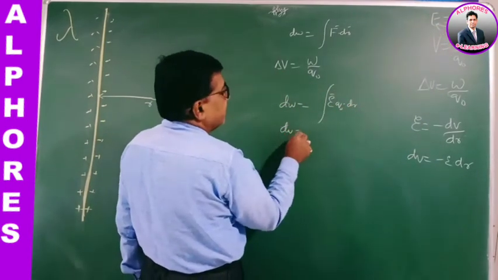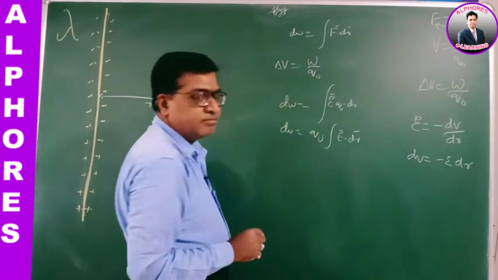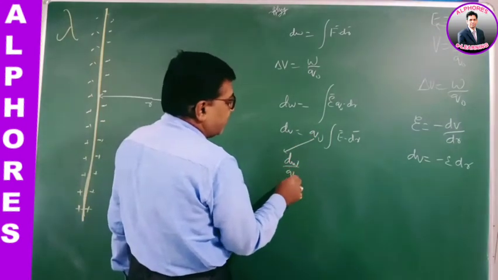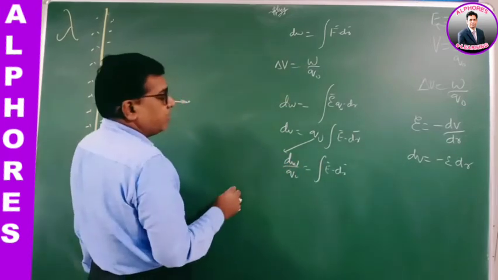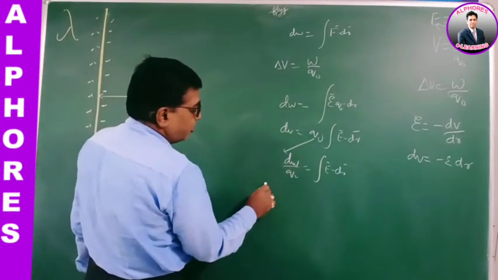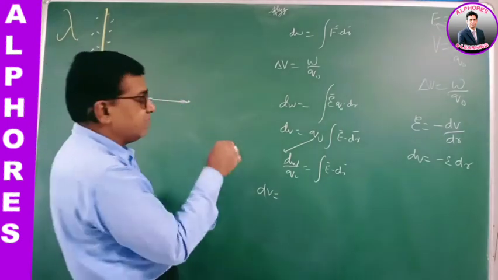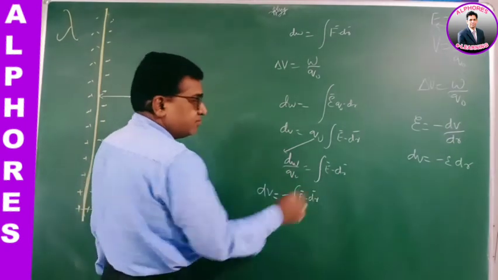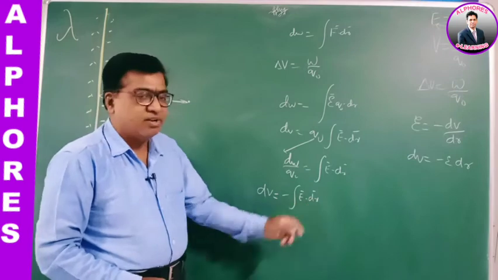So the work done is Q naught times E dot dr. So work done dW by Q naught is the integral of E dot dr. But dW by Q naught is the potential difference dV, work done against the field, so it's minus E dot dr. Therefore, potential difference is minus integral E dot dr.